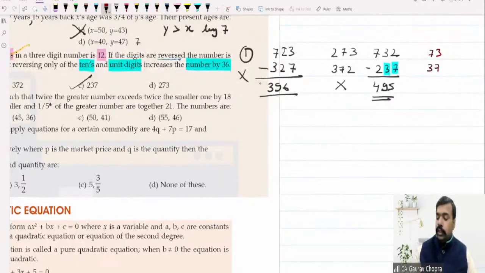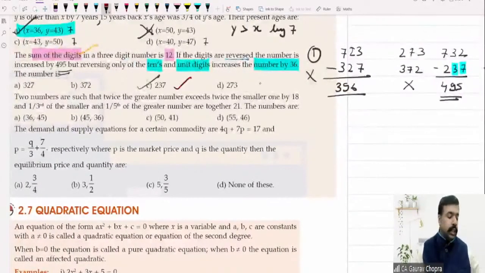What will be the difference? 73 minus 37 gives 36. So the third condition is also satisfied. Hence, option C is correct. So the correct option is C.